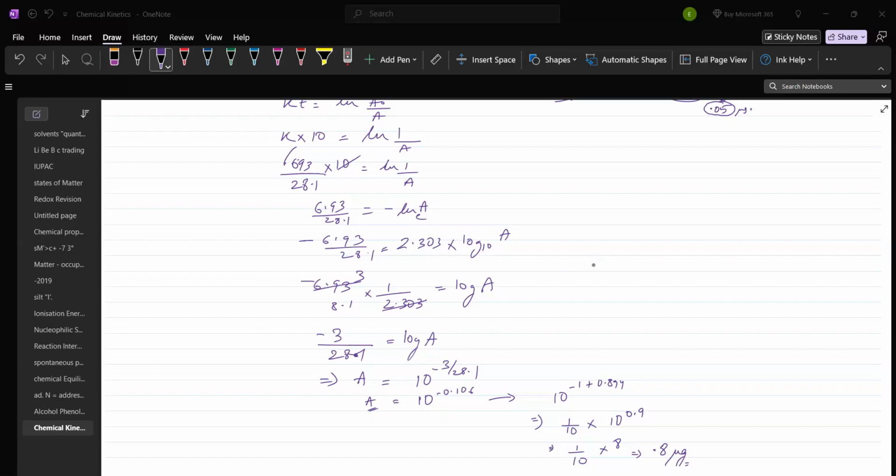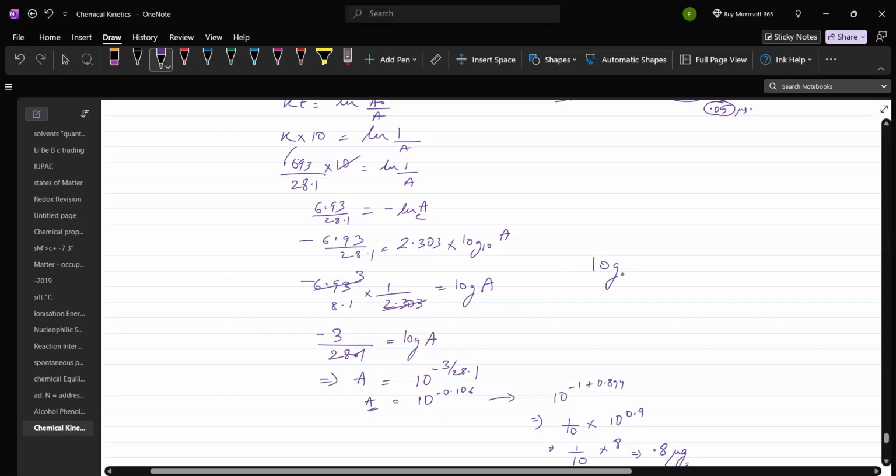If we have log of something m, and here is n, and here is x, so we can convert this as n is equal to m to the power of x. The base which is present here is raised to the power, which means this will become the power, and this base will become the number.